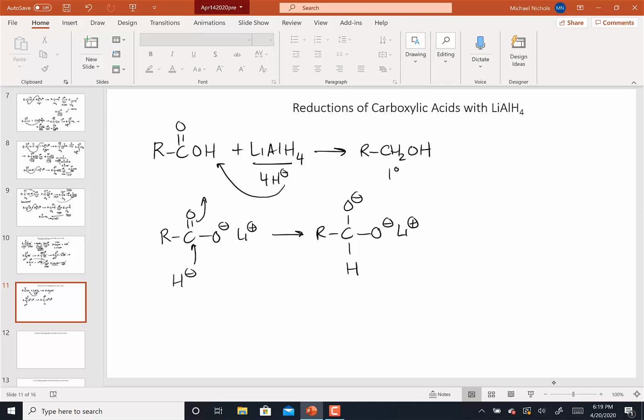Now, there is a counterion on the other O-, which is interesting. It turns out that at this point, if you're keeping track of the aluminum, AlH4- has now lost 2 H-. So now it sits here as an AlH2+.